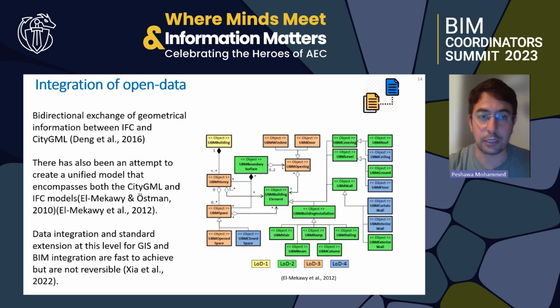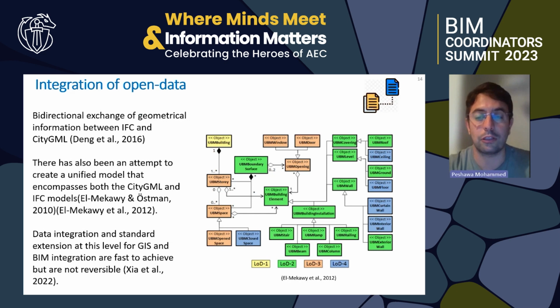The second approach is integration of this data, and this can be done in two methods. First one is the bidirectional exchange. It means converting, let's say, from IFC to CityGML and then converting back, or maybe creating a new standard, a unified model. The unified model can be a mix of some objects in the IFC file and also some objects and entities in the CityGML to create a new standard, actually.